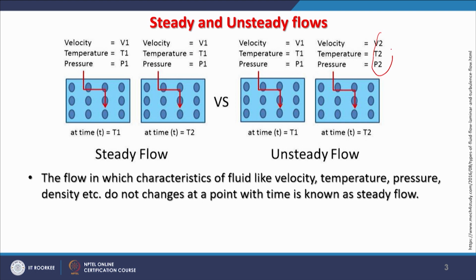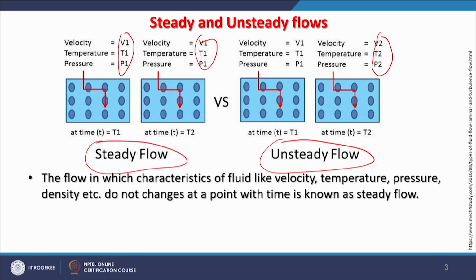Here you see different velocity, different temperature and different pressure. If these change, then the flow is called unsteady, but if velocity, temperature and pressure do not change, then it is known as steady flow.